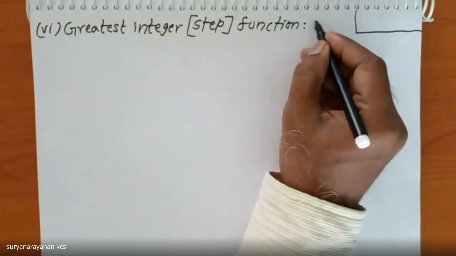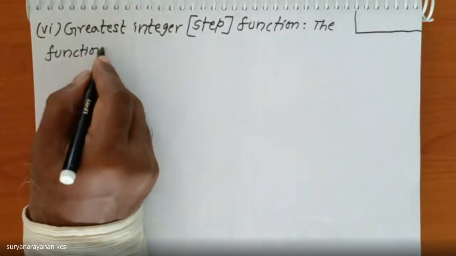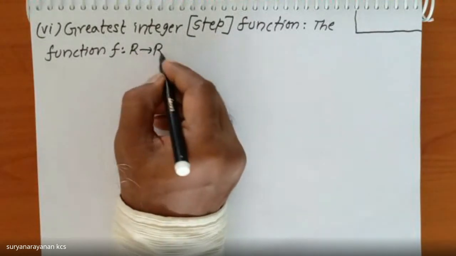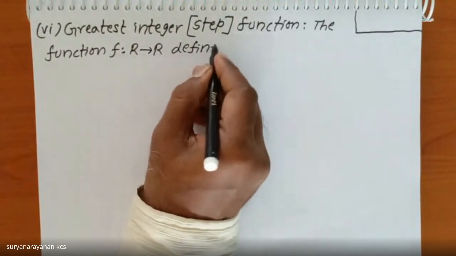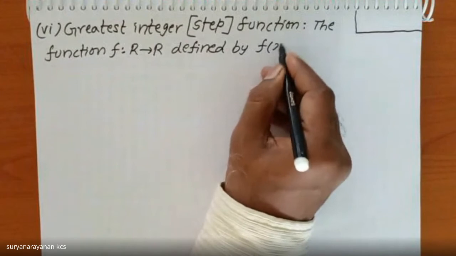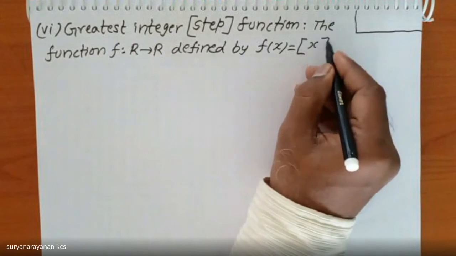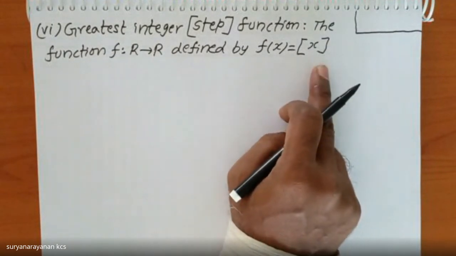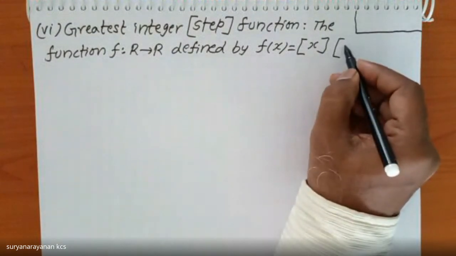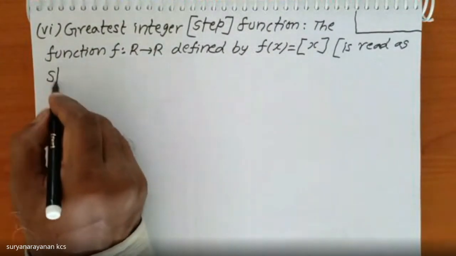The function f from R to R defined by f of x is equal to step x. This is read as step x, not closed brackets x.